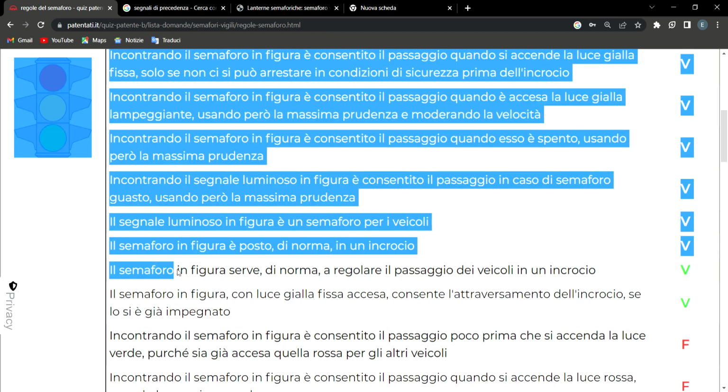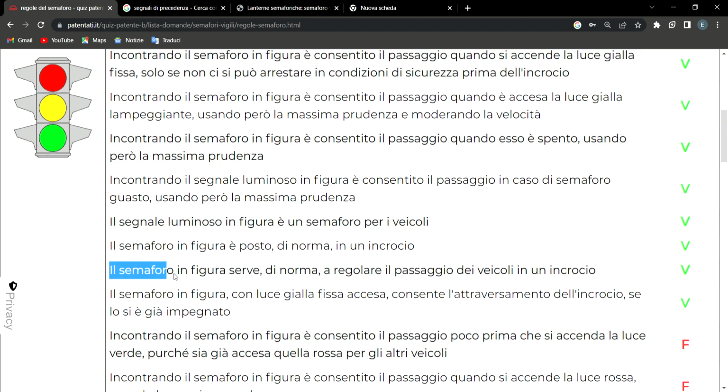It is used to regulate the passage or the transit of vehicles in the junction. So this is the reason why this one is vero. You can see it here.